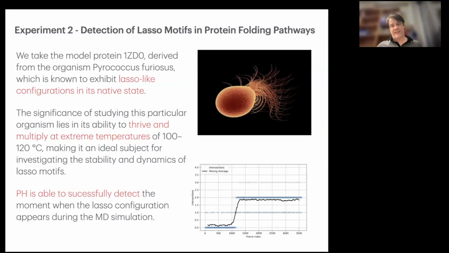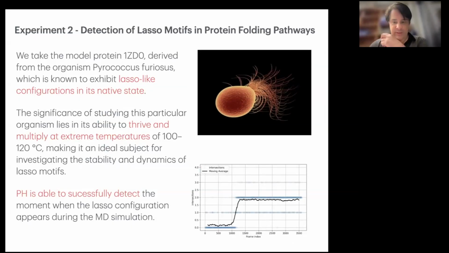The second experiment that we did was through molecular dynamics. The problem we want to explore is that we know a protein folds going through this landscape, and it comes from an unfolded state, and then eventually through time it falls into the folded state.